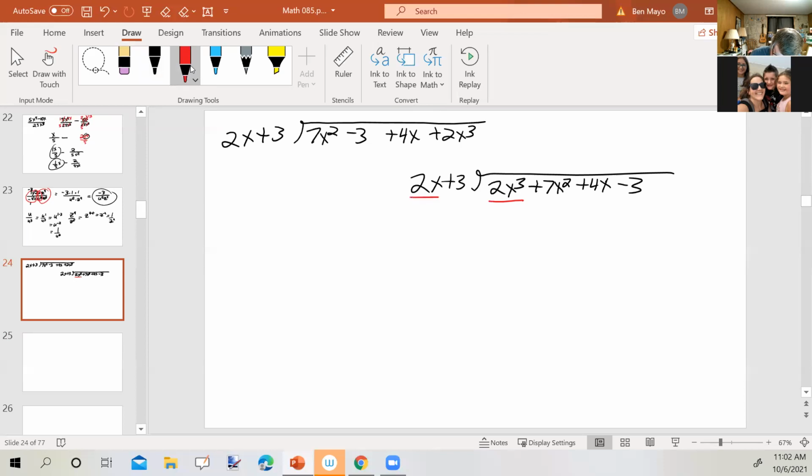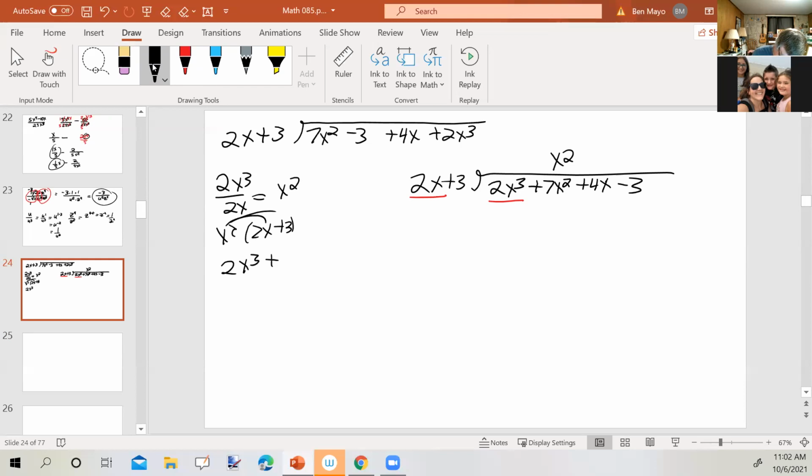Leading term inside divided by leading term outside. 2x cubed divided by 2x is x squared. X squared times 2x plus 3, 2x cubed plus 3x squared, 2x cubed plus 3x squared.